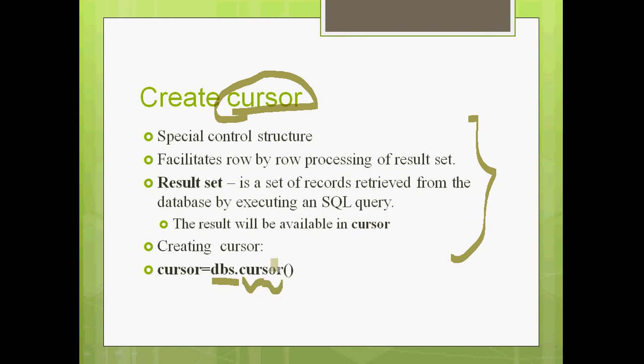This one is a built-in value. dbs.cursor is how you create the cursor. This cursor is just a variable-like thing. So cursor is equal to dbs.cursor. Now it has the cursor in the name cursor itself.